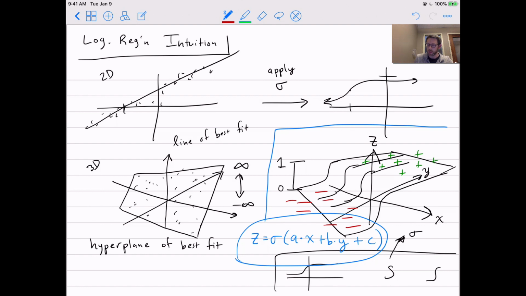Then what I can think of myself as doing is basically finding the values. Let me write it like this.